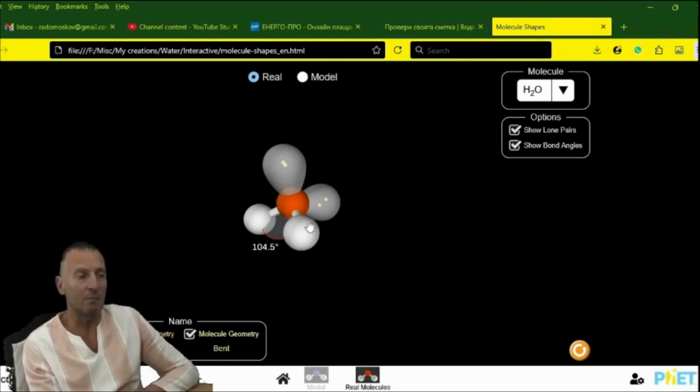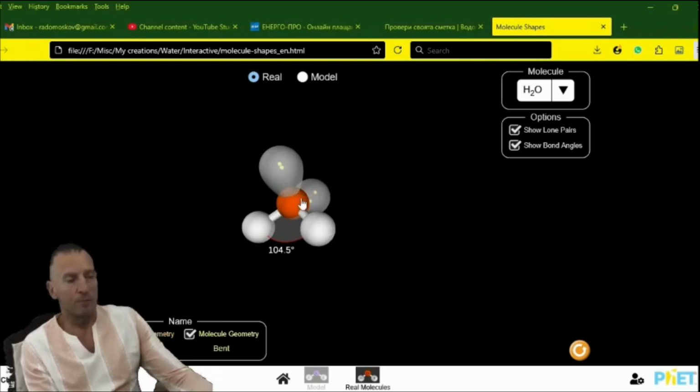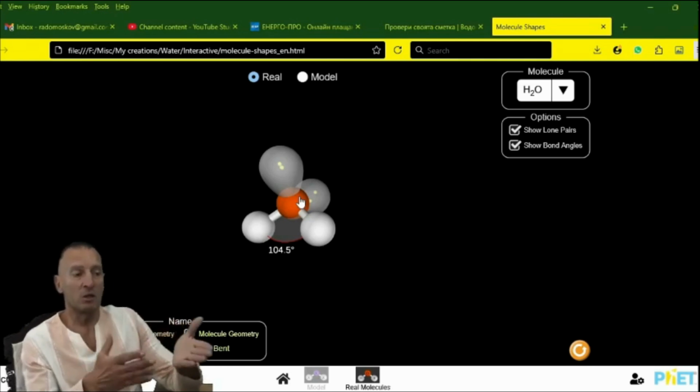The steric number is the number of atoms to which the oxygen, in this case, is bound, plus the lone pair electron clouds. So now we've got the steric number 4, because you've got these two bonds and two lone pairs. I said to you, the Greek word stereos means three-dimensional or solid. Now this theory shows us what the molecule is going to be.